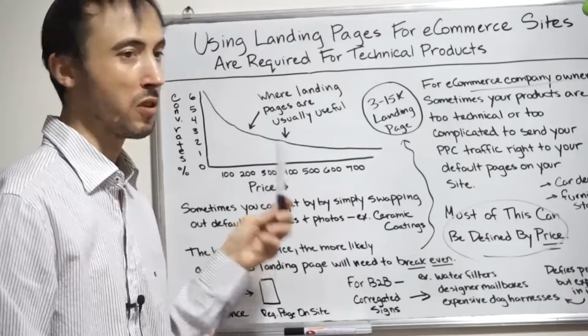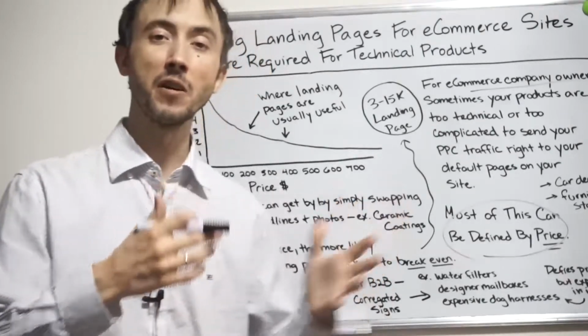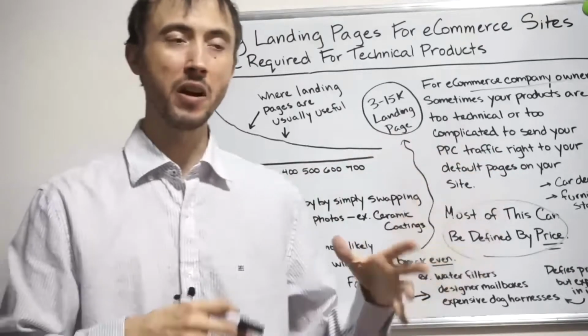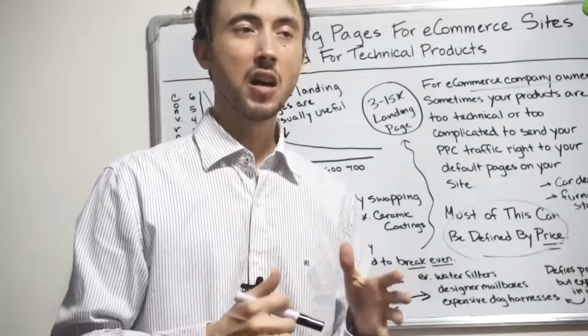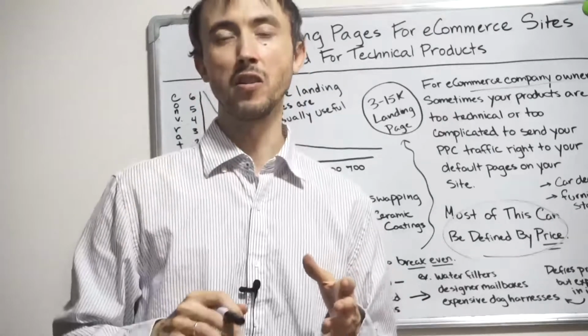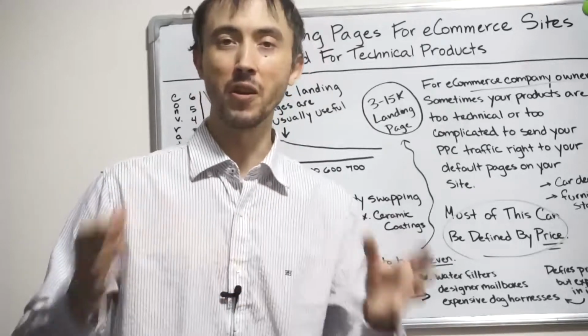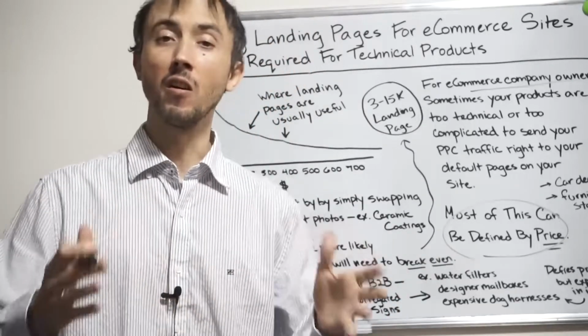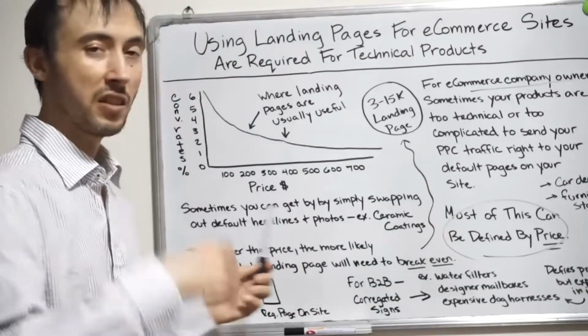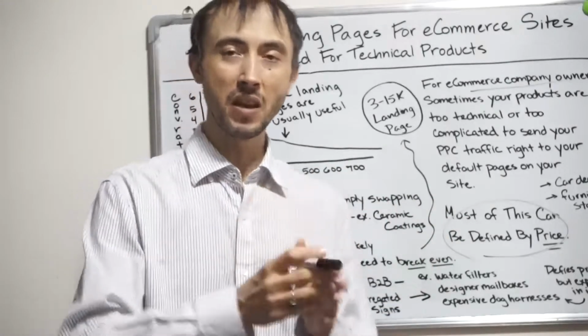If you're in that $100 to $400 category where they want more information, but if you just try a little bit harder to be different than most of the people out there, you can make it all work. And what that looks like is you can basically take the product page of your site and then make copies of it.